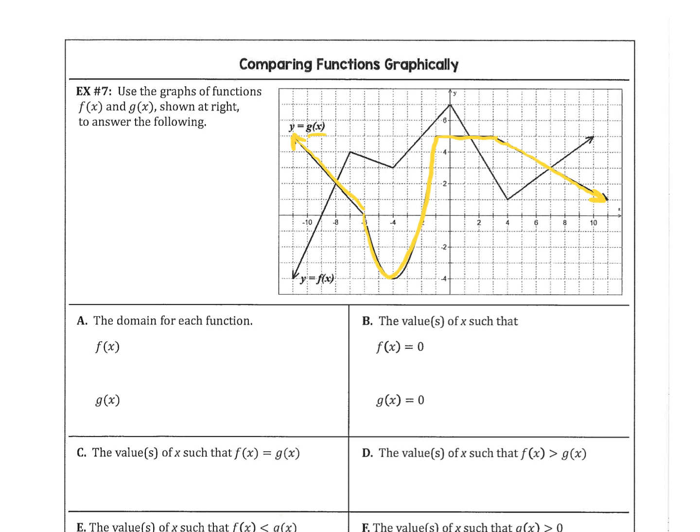What's it going towards? Negative and positive infinity, right? So the domain of this function is from negative infinity to positive infinity. All right, so now I want you to look at the yellow function there. Look at g of x and tell me what is the domain of that function.